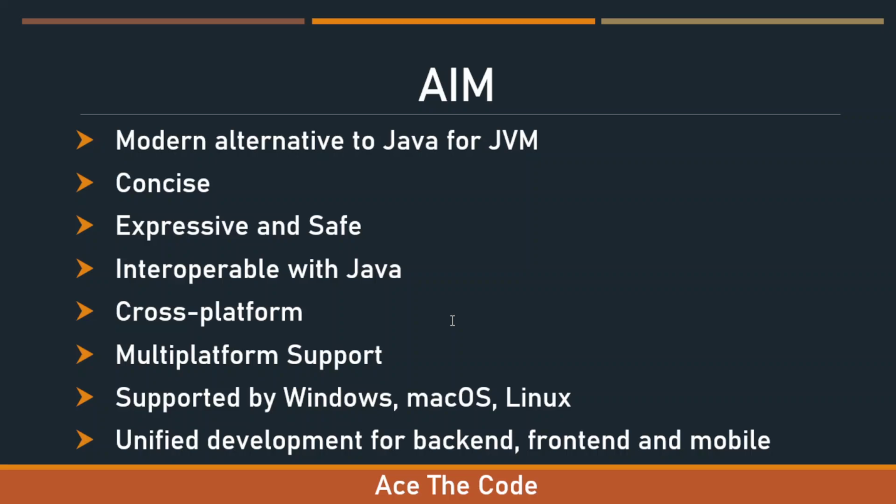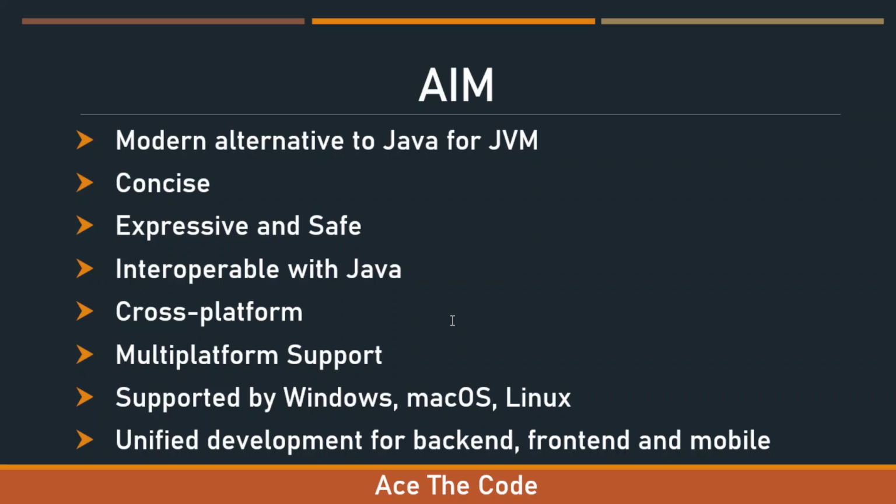Like developing an application, if I write one code base, it should be useful for all platforms like iOS application development, web development, backend development, and Android development as well. It should also be supported by all the popular operating systems like Windows, Mac OS, variants of Unix operating system and Linux.